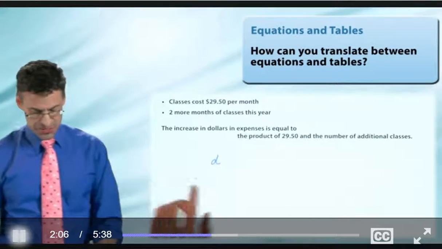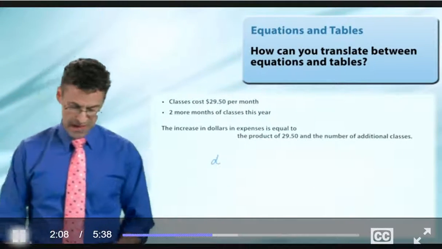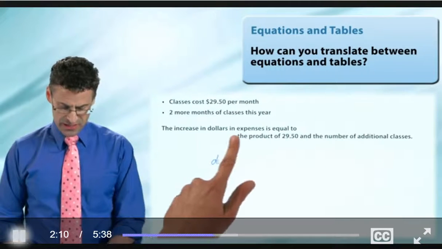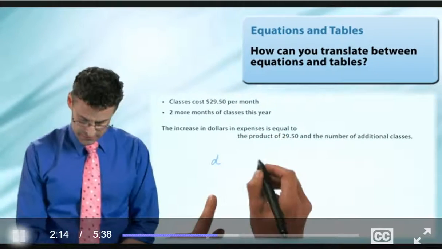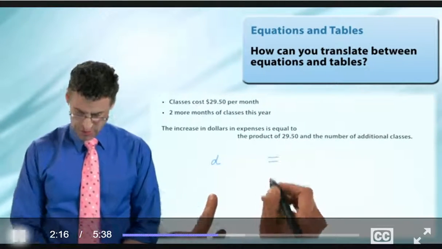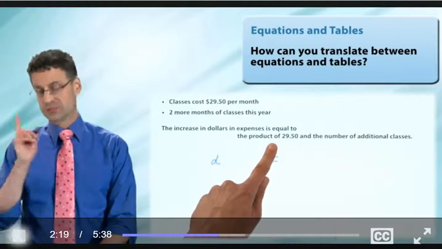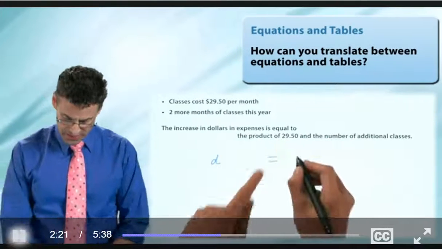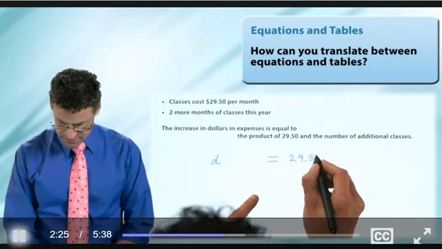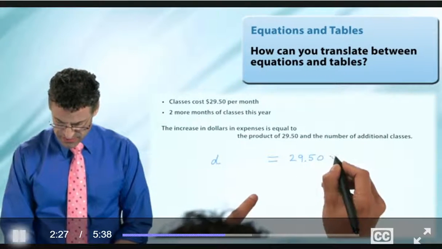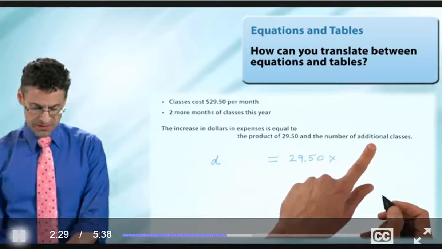And now I'm going to literally translate this sentence into math. So the increase in dollars is equal, well, that's easy, the product. So we're going to multiply $29.50 times the number of additional months.